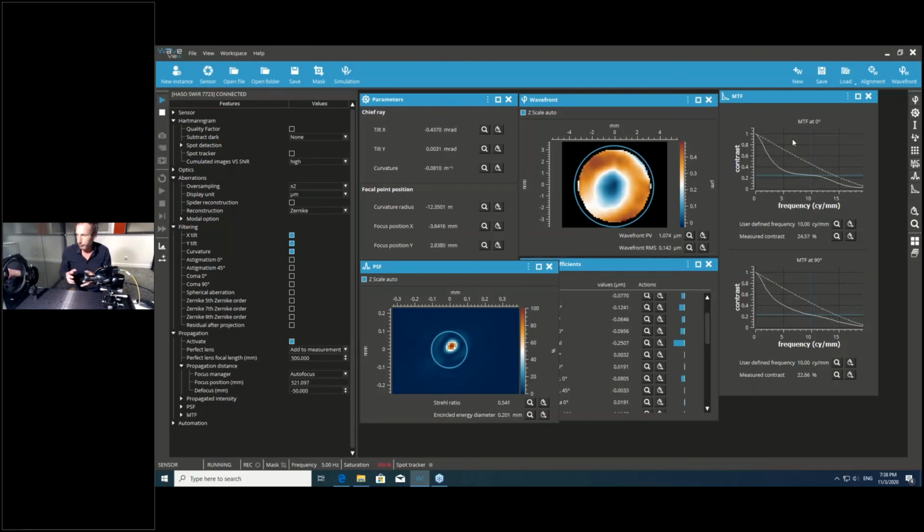For sure, if you have an objective lens with a different numerical aperture, a bigger or smaller one, we can adapt, and we have a long range of different objectives here to adapt to different numerical apertures.